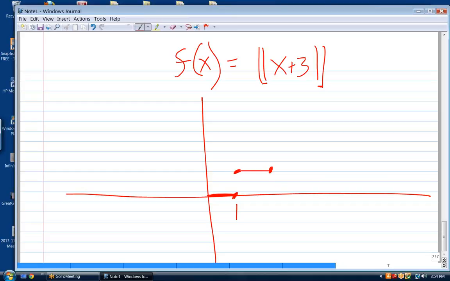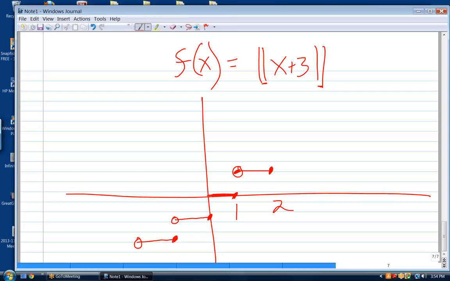Oh yeah, we did this a couple days ago. And then to the negative side, it continues being the step function. But notice that that kind of gives you different answers.